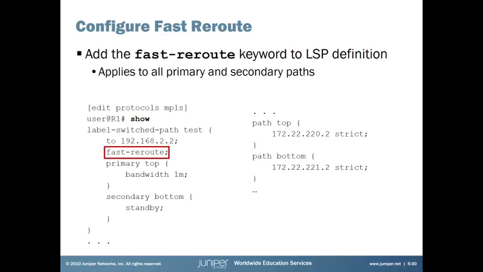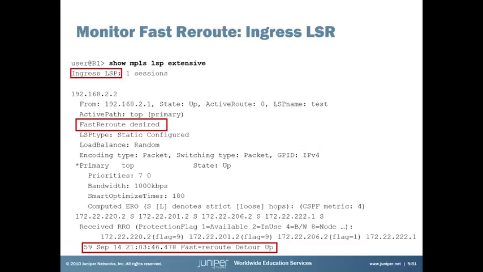That's the configuration parameter: fast reroute is added into the label-switched path, and applies to all primary and secondary paths. We can take a look at the operational command, show LSP extensive, and there is our fast reroute desired. That tells us we have configured fast reroute on our LSP.